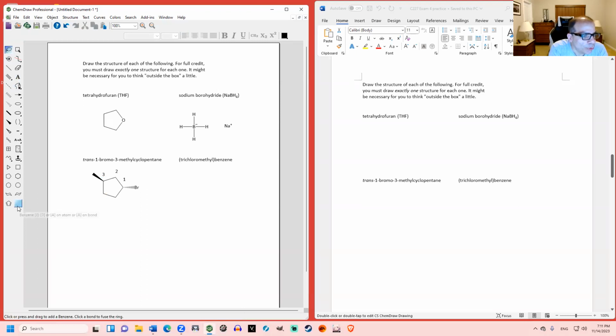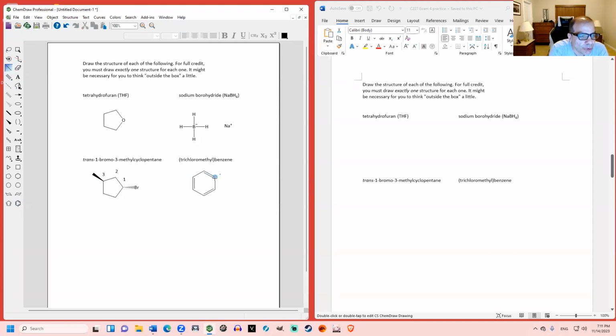And then trichloromethyl benzene. It did say it might be necessary for you to think outside the box a little. So there's benzene. What's a methyl group? Well, a methyl group is CH3. So what could a trichloromethyl group be? It would mean that you replace each of the H's with Cl's.